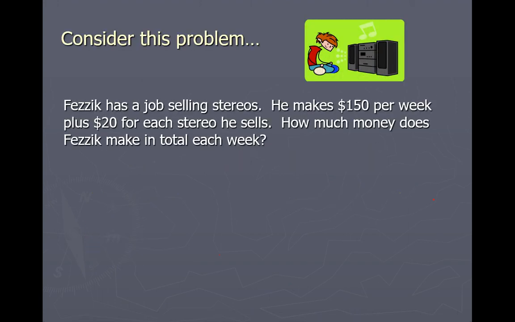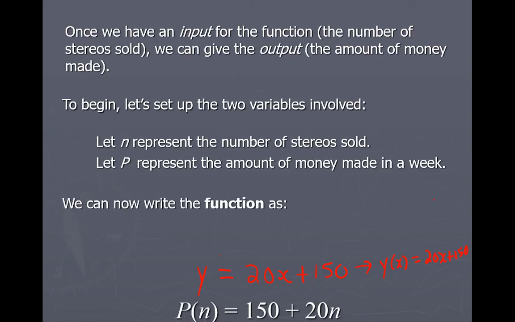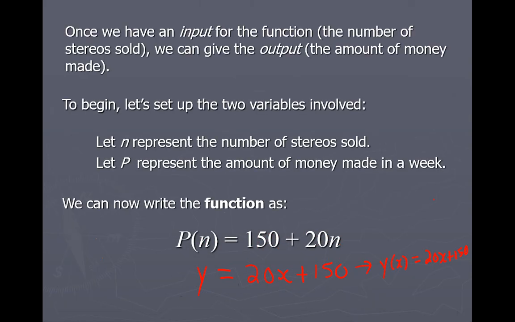It just happened that in this description, it would be awfully tempting for someone who wasn't thinking about y equals mx plus b, who was looking at this going, okay, we start with 150, and then we make $20 per stereo, to write the 150 first. But it really doesn't matter which way you write it. It's just another way of thinking. 150 plus 20n is the same as 20n plus 150.